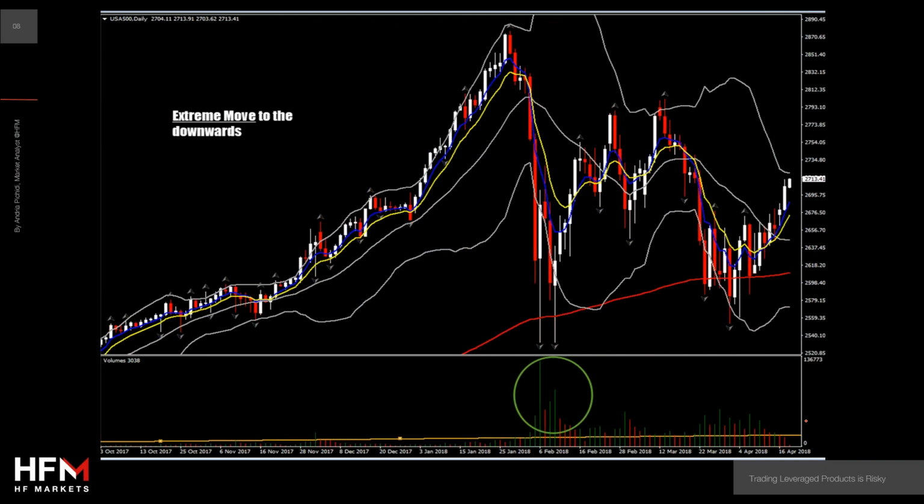What I want you to be very, very careful about is this kind of extreme moves. This is S&P 500 daily, an extreme move to the downside. So there was a reversal and a very aggressive selling, which found support over here at 25.20 with long down legs and very increasing volume over here.